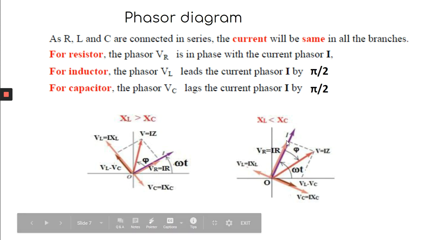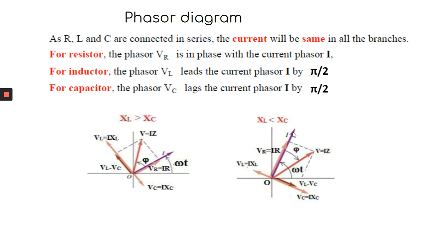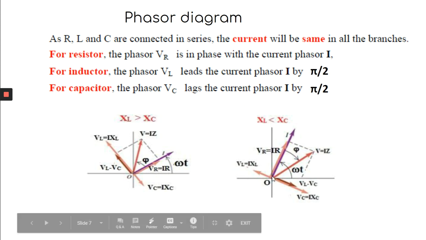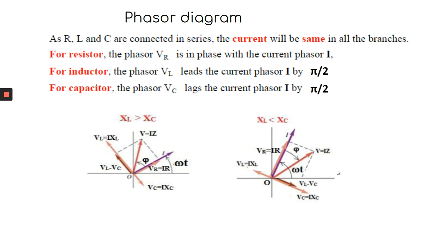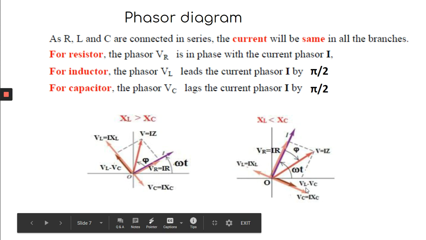The phasor is a vector, better to say a rotating vector, whose length is equal to the amplitude of that physical quantity whose instantaneous value is to be determined. And generally, in an AC circuit, to represent current and voltage, we draw phasor diagrams.